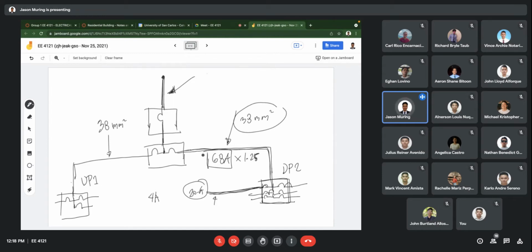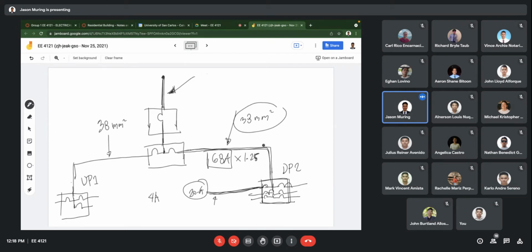Okay, so again, this is the feeder calculation, and this is the branch circuit calculation. So the more branch circuits you have, the more calculations you need to provide. But that's what we're going to do because we're still practicing.